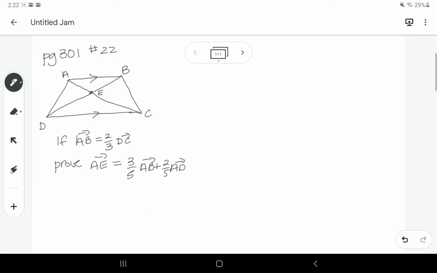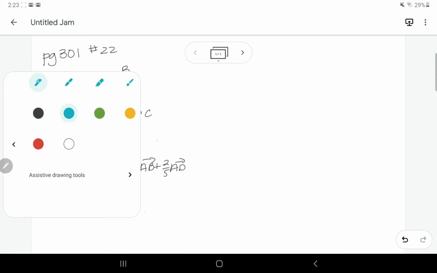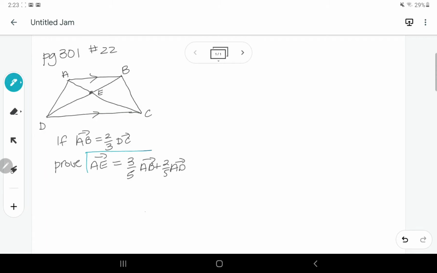I would not necessarily start with AE as left side and the right side as the right side, but I'm going to do a different type of proof where I just start with something that I know is true and rearrange a true statement into what I want to prove here.